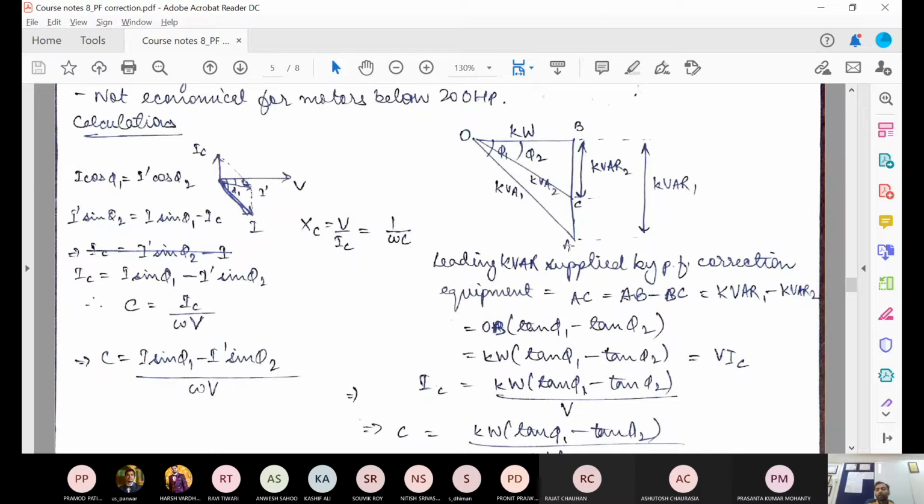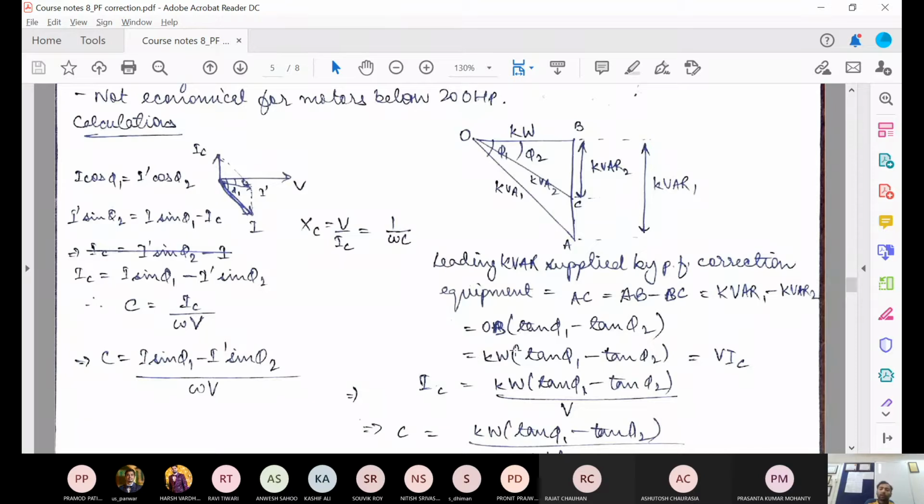So the net kVAR which would be required by the power factor correction equipment can be written as OB outside common, and tan phi 1 minus tan phi 2. Or alternatively, we can write it as the kilowatt rating of the circuit, the power consumed in kilowatts, multiplied by tan phi 1 minus tan phi 2. And this is the reactive power which is being supplied by the capacitor.